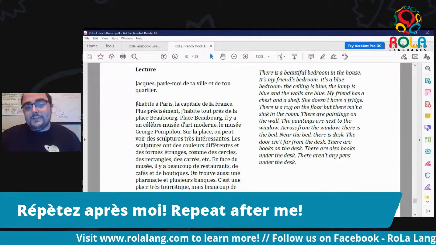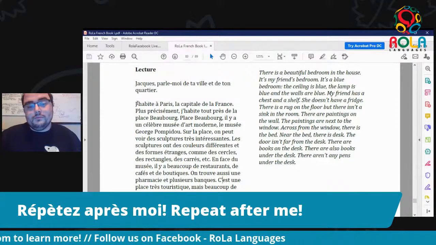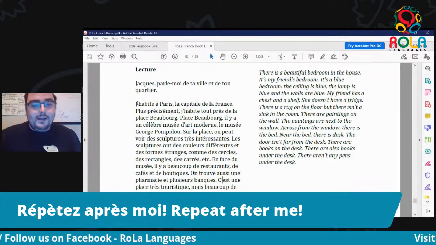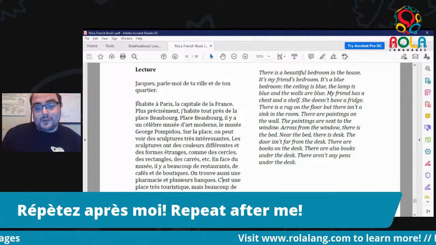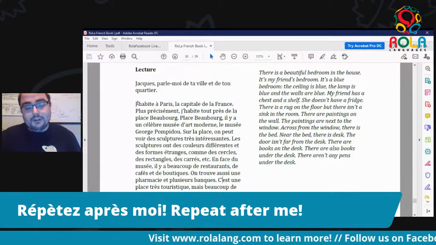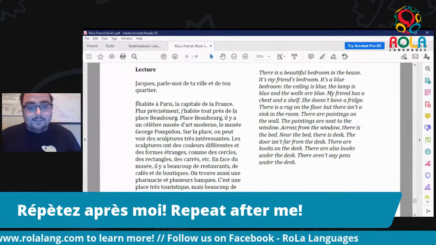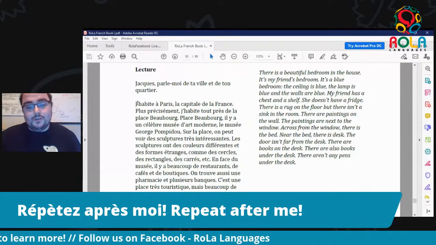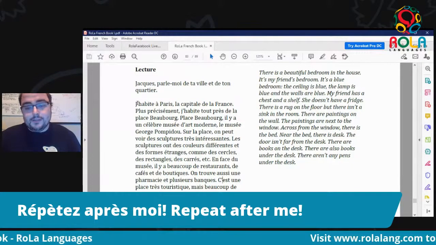The sculptures have different colors and strange forms, like circles, rectangles, squares, etc. In front of the museum, there are a lot of restaurants, cafes, and boutiques. One can also find a pharmacy and several banks.